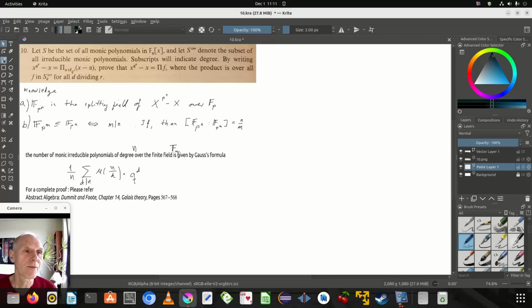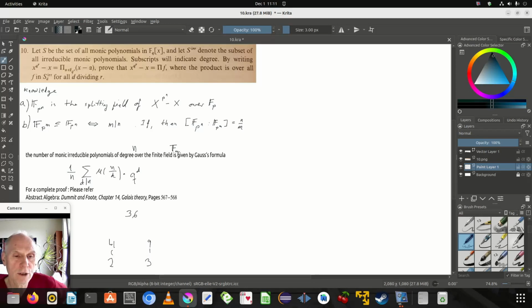If we take, like, p to the 36, it has prime powers 2 and 3, 2 to the 2nd, 3 to the 9th. So we make the hierarchy of fields.